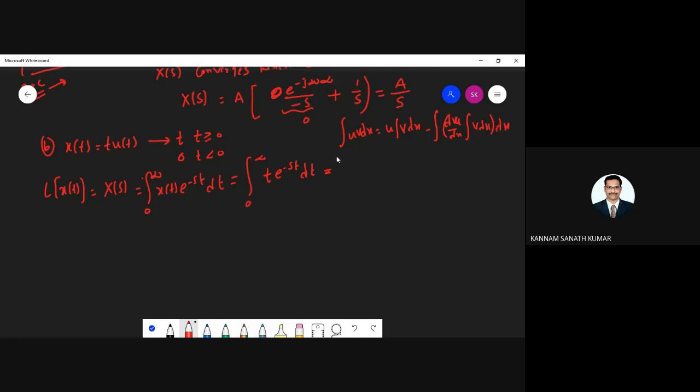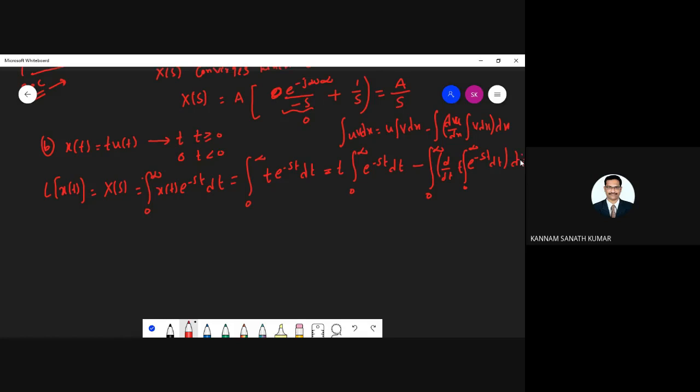So if you find out the integration from 0 to infinity of t e power minus st dt, minus the integration from 0 to infinity of d by dt of t times the integration of e power minus st dt, again whole dt.